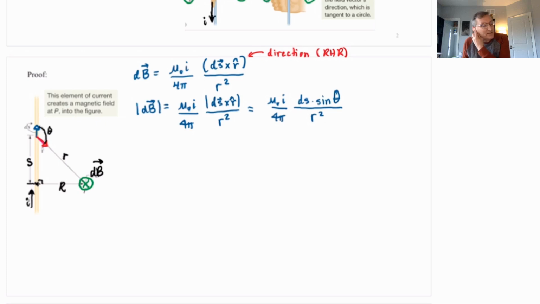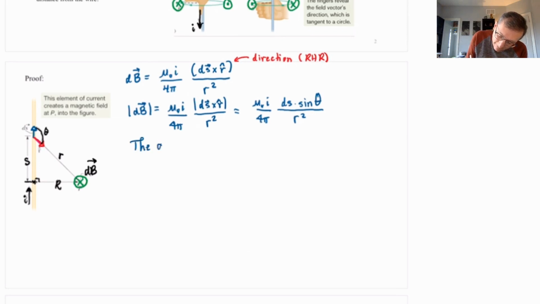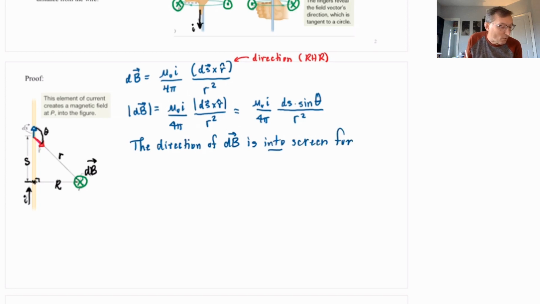All right, now the next thing to note is, if we think about it, the direction of the dB arrow is into the screen for every element of the wire.